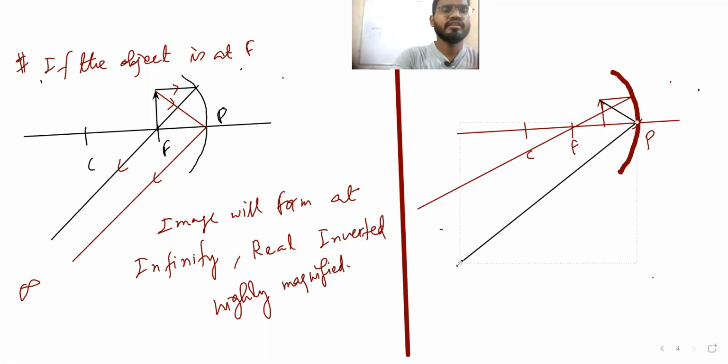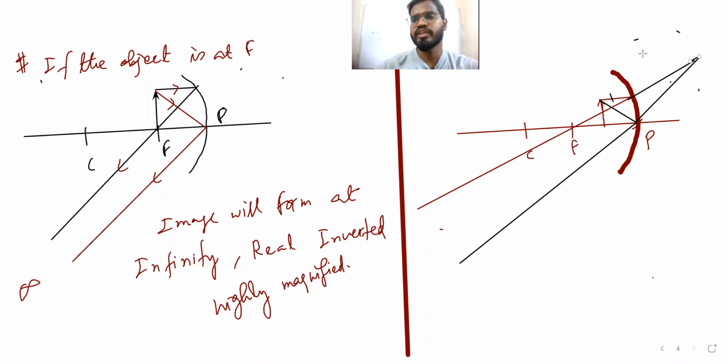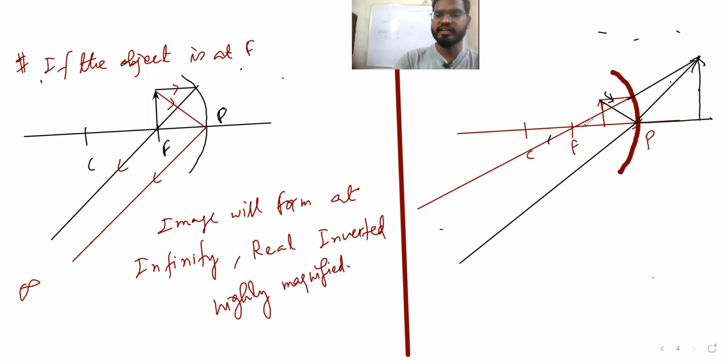If the object is placed between pole and focus, you will see here that the rays will never meet because both are divergent. So we will have to extend these rays of light and make them meet. Somewhere here they will meet. Actually it is not meeting, but when we extend the rays of light, it is meeting. That is known as a virtual image.